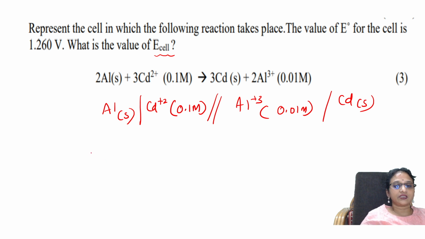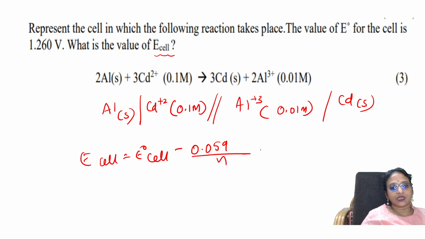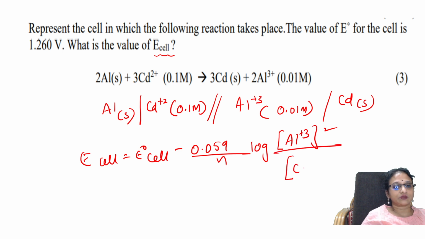So what should I find? E cell, correct? First of all, which is cathode and which is anode in this case? Aluminium is the anodic reaction and cadmium is the cathodic reaction. That is oxidized and this is reduced. The E naught cell value is already given. So E cell is equal to E naught cell minus 0.059 by n log of the oxidized part by the reduced part.